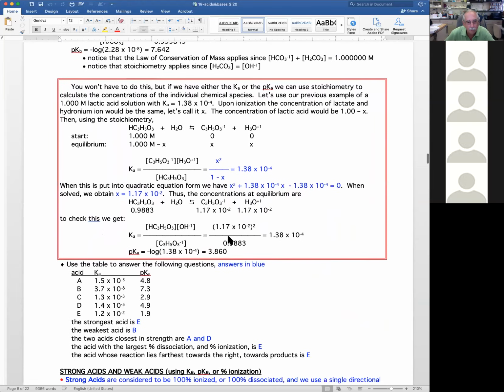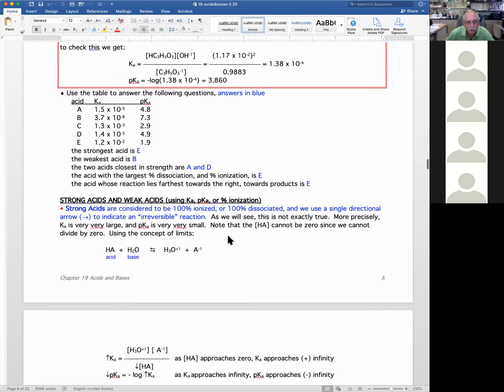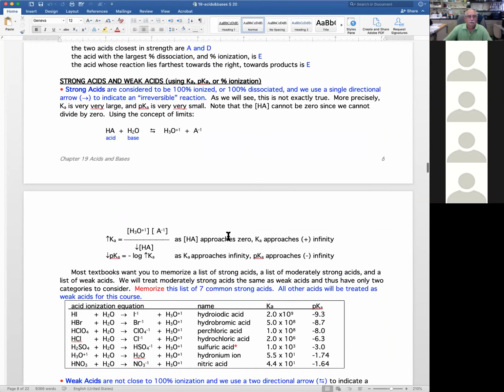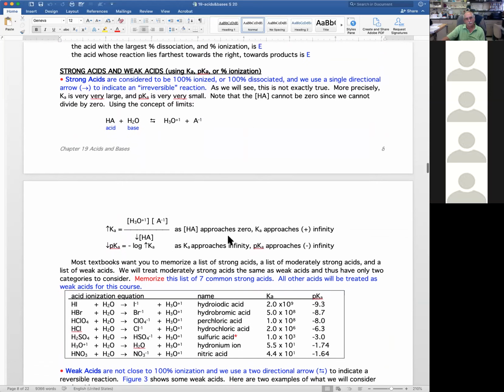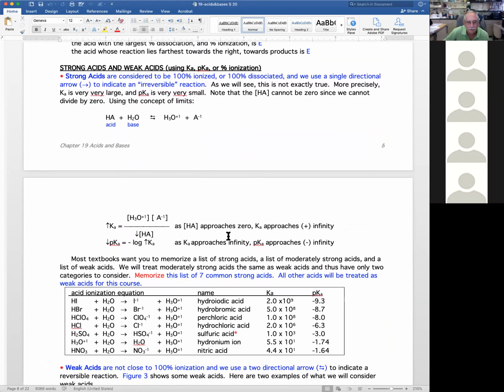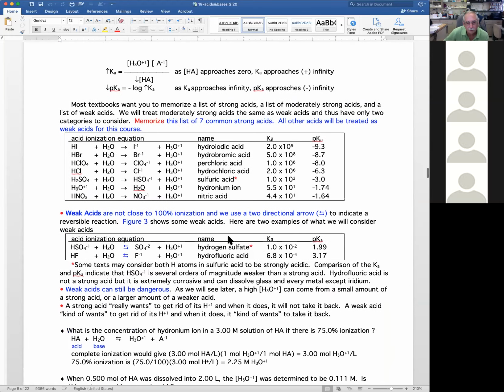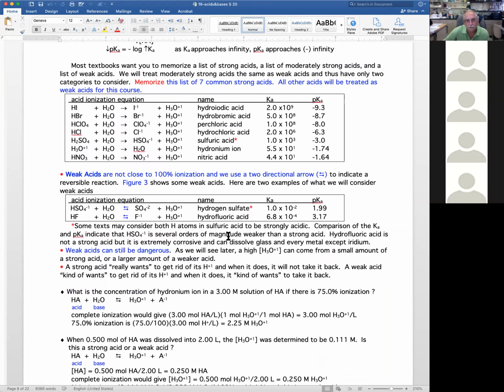Let's see. So then we talked about strong acids and weak acids. So I was explaining to you that all we need to know, and this is for my class, other people might do it quite differently, is that there's only 7 common strong acids. There are other ones out there that are not common. You're not going to find them in the lab.